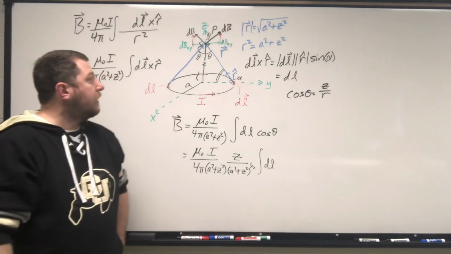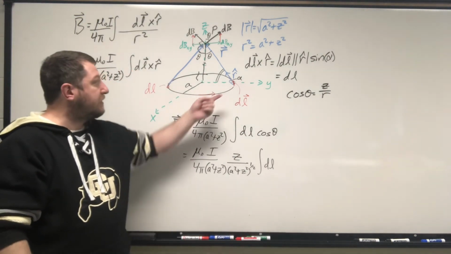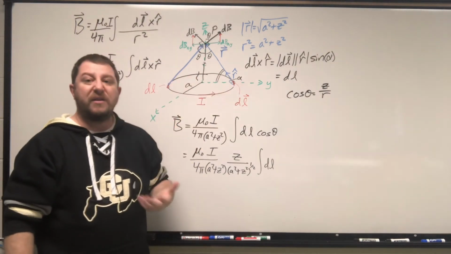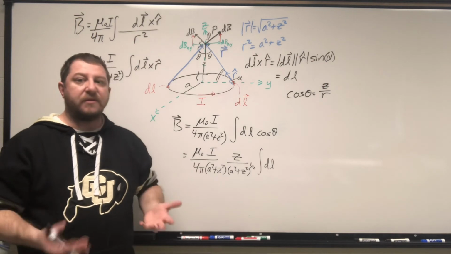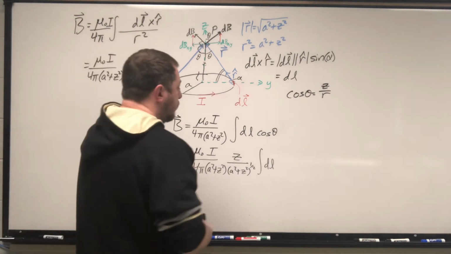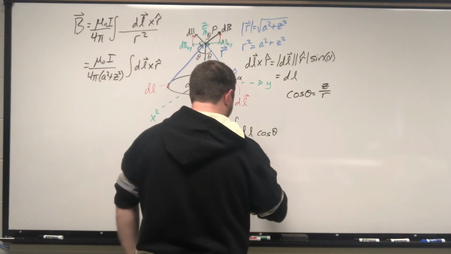But what is dl? dl is just an element of the length around the wire, so when I integrate around, I just get the circumference of the wire, or 2 pi a. So the integral around the wire just becomes 2 pi a.